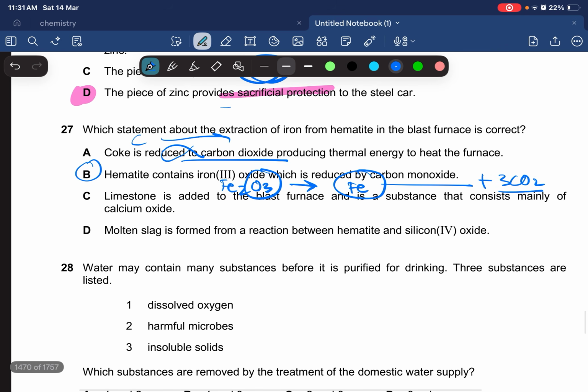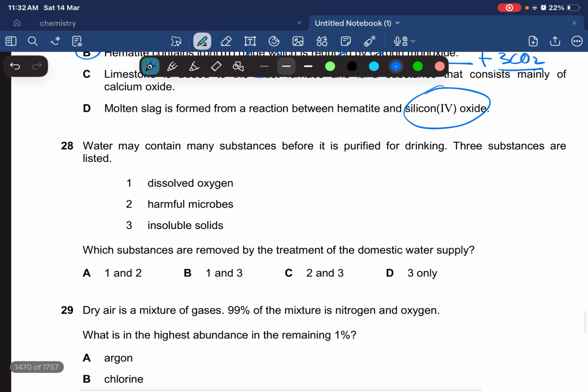Limestone is added to the blast furnace, and the substance consists mainly of calcium oxide? Limestone is calcium carbonate, not calcium oxide. It decomposes to form calcium oxide. Molten slag is formed from the reaction between hematite and silicon(IV) oxide? No, I don't know what they write between silicon(IV) oxide and calcium oxide.